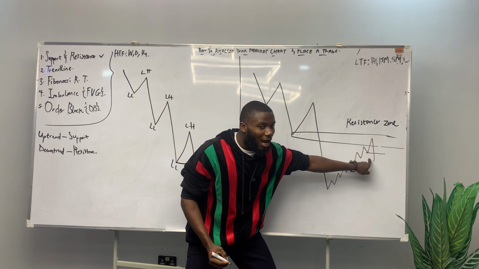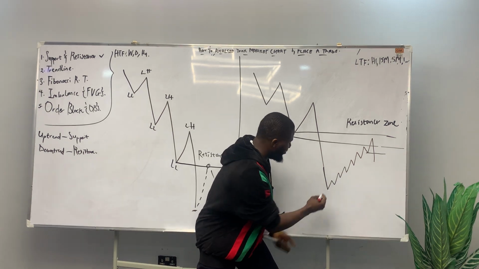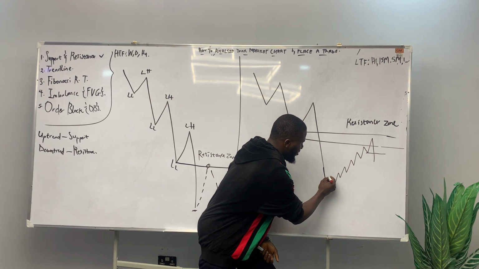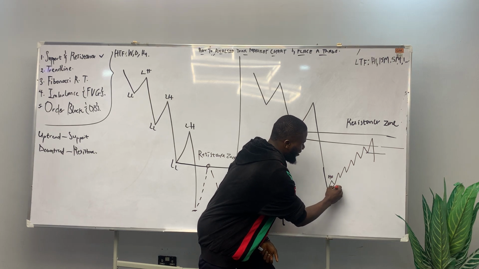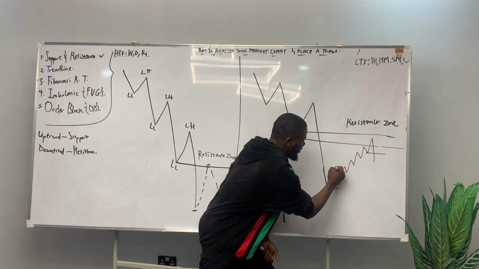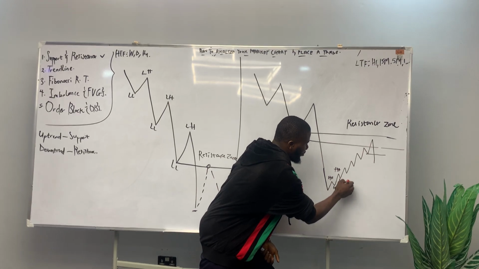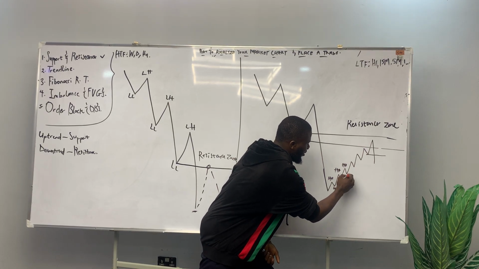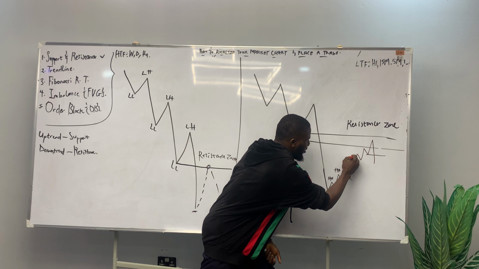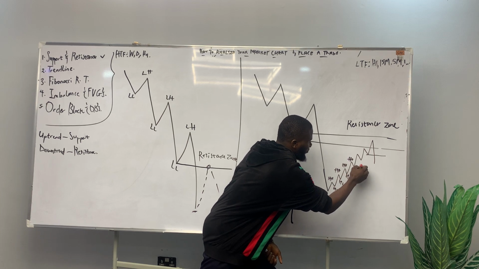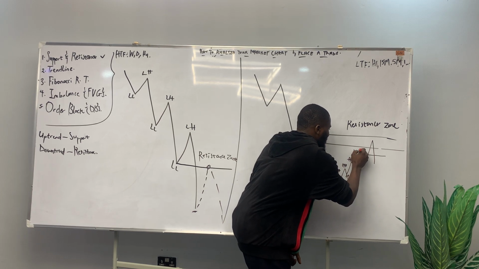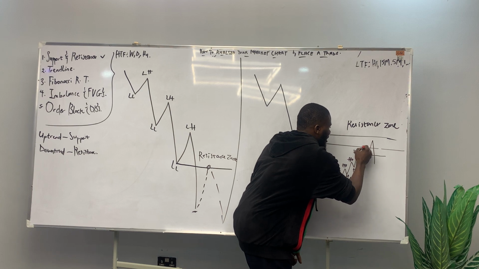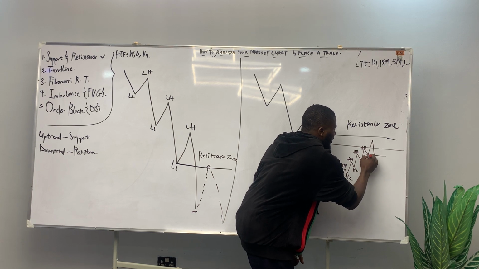Low. Sure? This is a higher high, right? Higher low, right? Higher high, higher low, higher high, higher low.